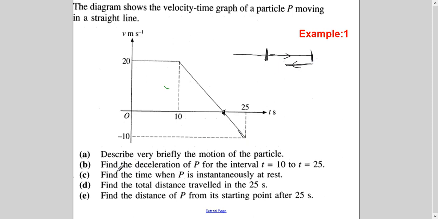So let's come to find the deceleration of P between 10 to 25 seconds. And you know it's a velocity time graph. So how can I find the deceleration? By calculating the gradient, right? So this point is 10, 20. And this point is 25, minus 10.